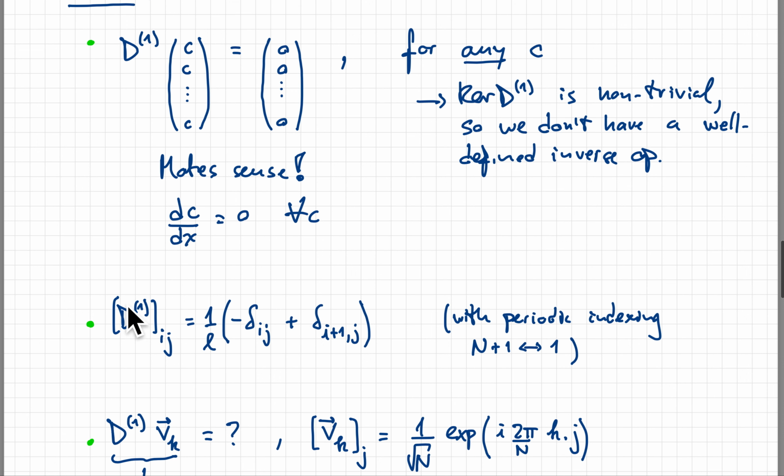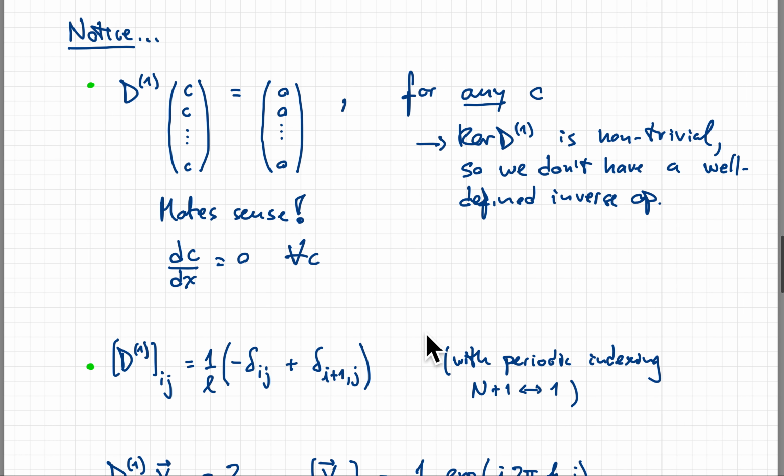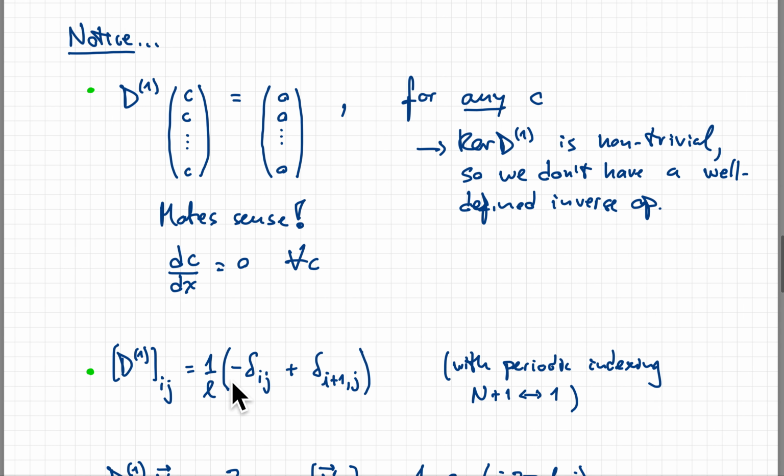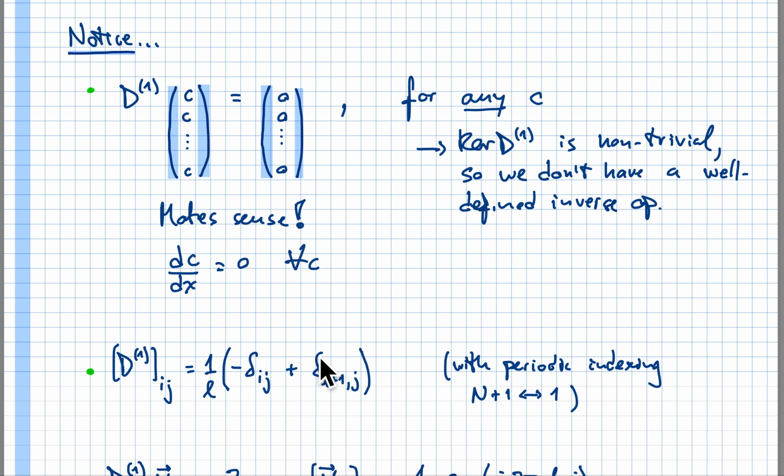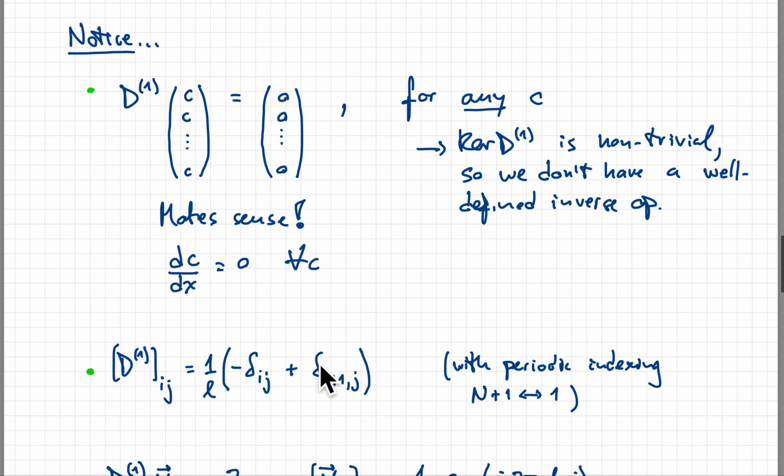So if we take the matrix elements ij of d1, we get 1 over L times minus delta ij plus delta i plus 1 j. This part represents the diagonal, and this part here represents the off diagonal of the matrix.